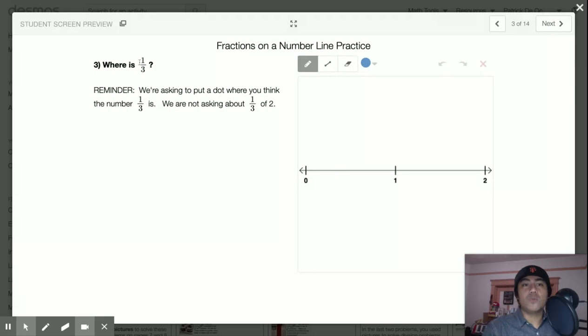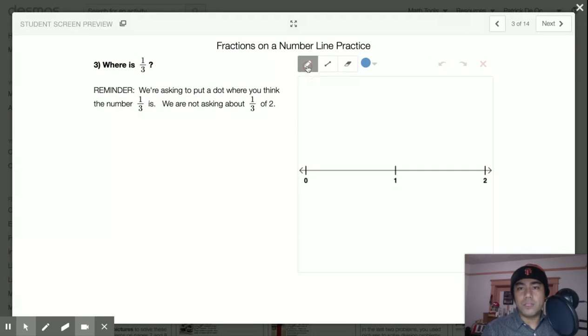Number 3 says, where is 1/3? Reminder, we're asking you to put a dot where you think the number 1/3 is. We are not asking about 1/3 of 2. Okay? Now, let me give you some advice on this problem. The nice thing you can do is we let you draw.